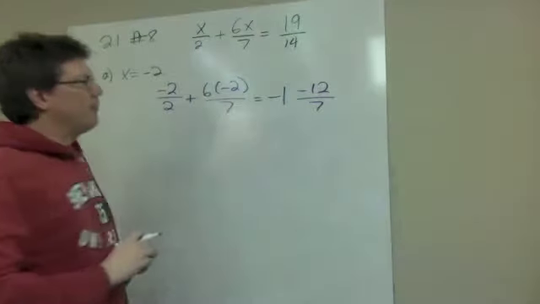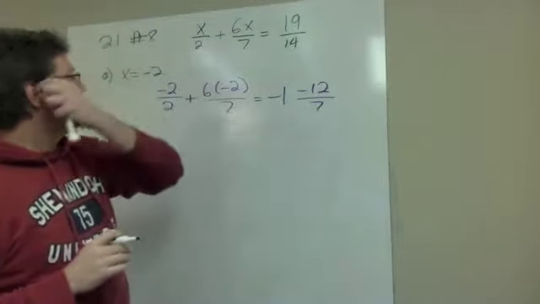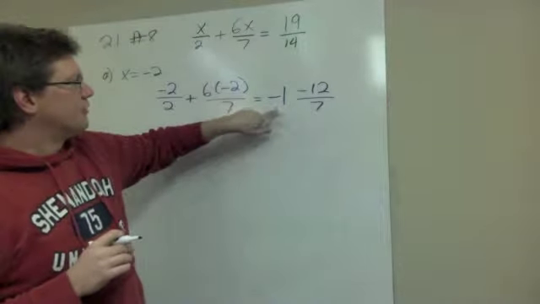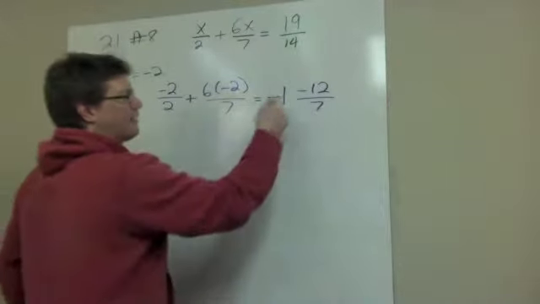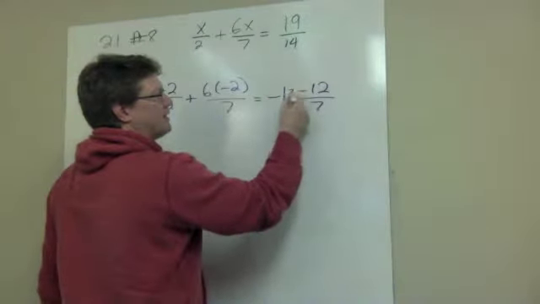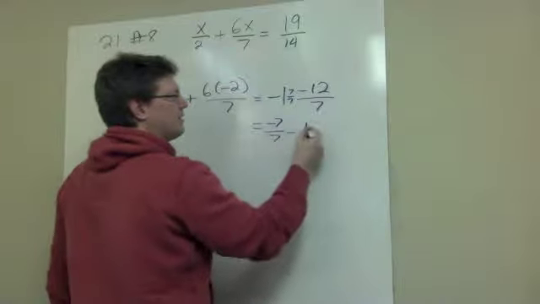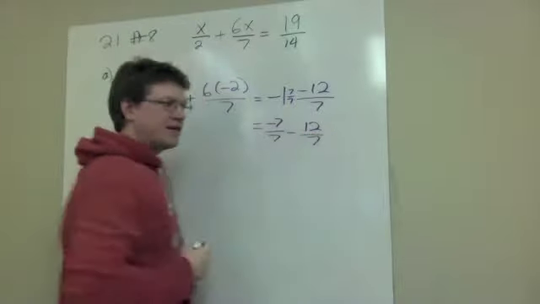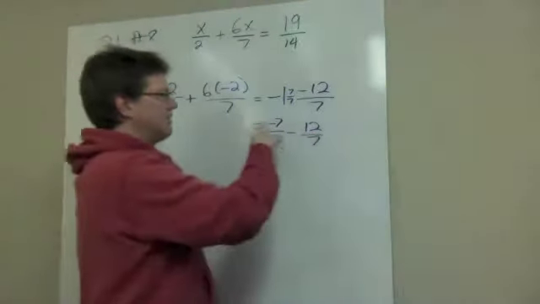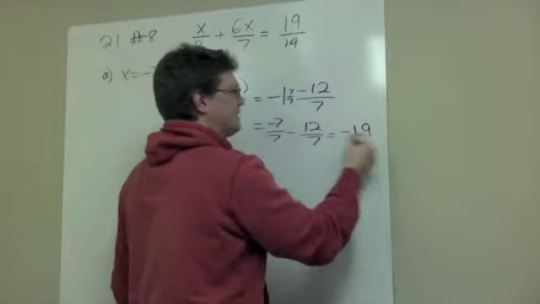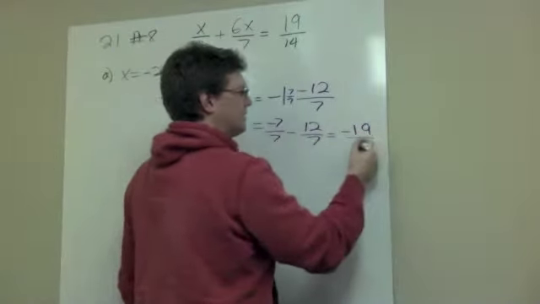Now we want to look and see if we get 19/14. We have a 7 here. So if I multiply by 1, as 7 over 7, this is going to be -7 over 7 minus 12 over 7. -7 and -12 is -19/7.